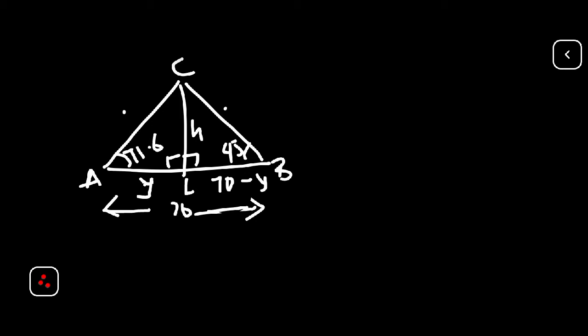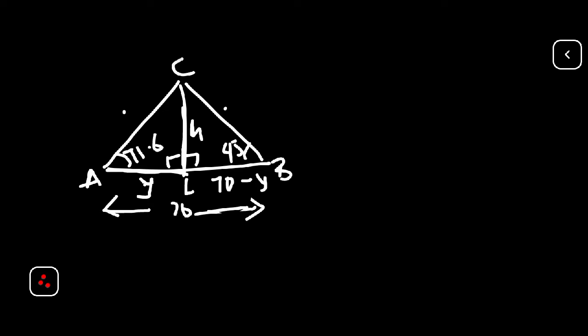Let's start with the first triangle. We're going to link H, this height, and Y, using the triangle ACL. To find the height here, we're going to say opposite over adjacent because Y is adjacent.